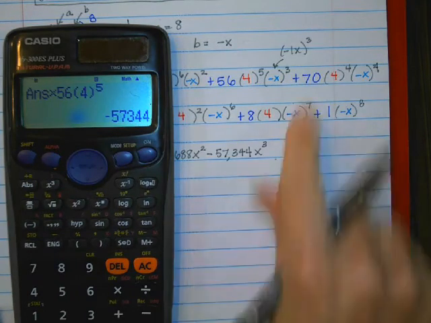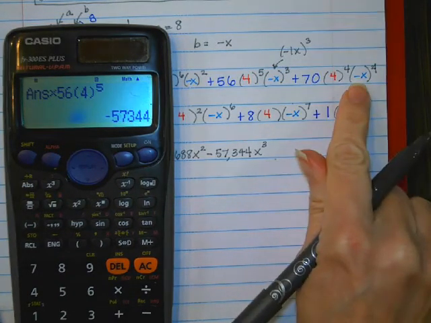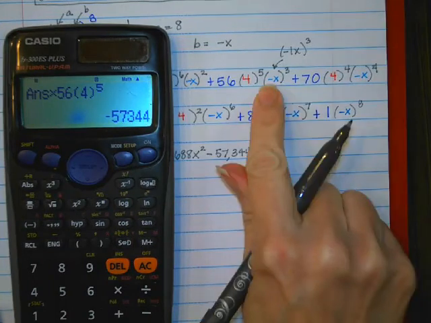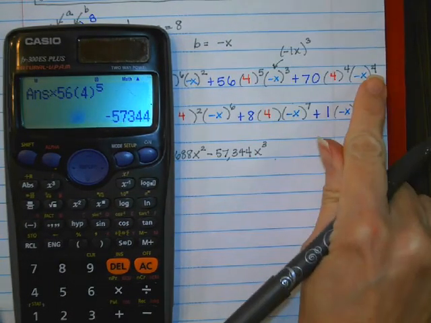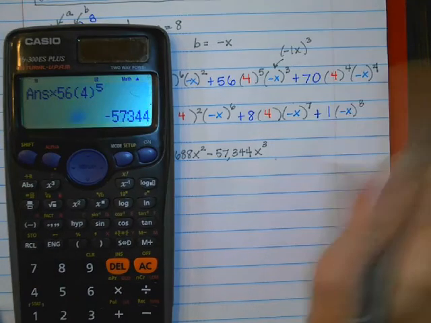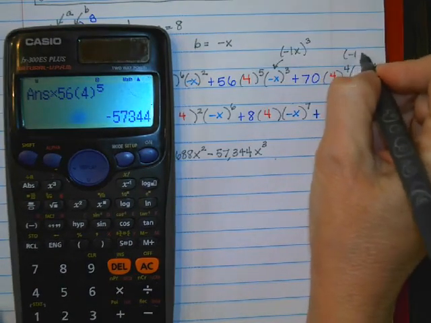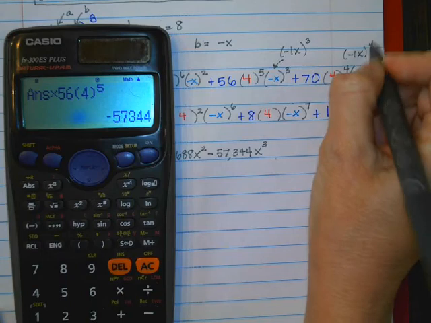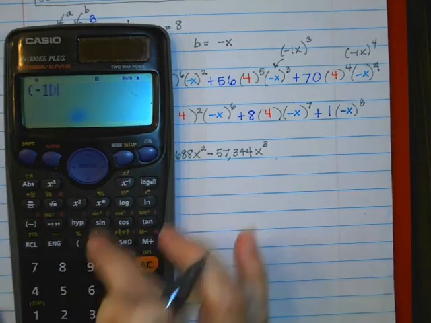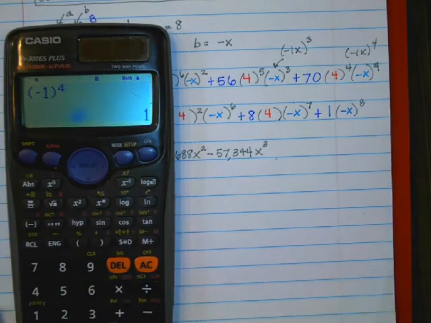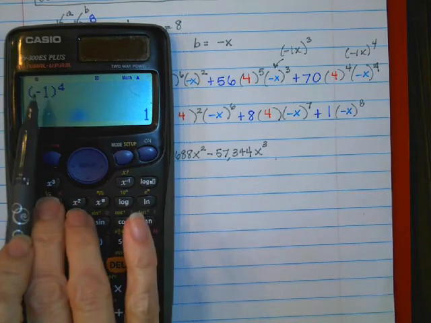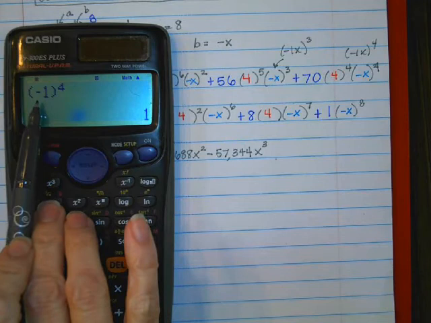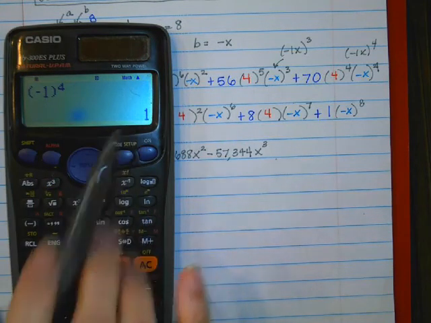All right, so we're moving down this line. When you have an odd number of negatives, your answer will be negative. When you have an even number of negatives, it'll be positive because it's the same as negative 1 times x to the 4th. So it'll be like negative 1 raised to the 4th power, and see we get a positive 1. So anytime our exponent is an even number, and what you're bringing to that power is a negative, it will end up being a positive value.